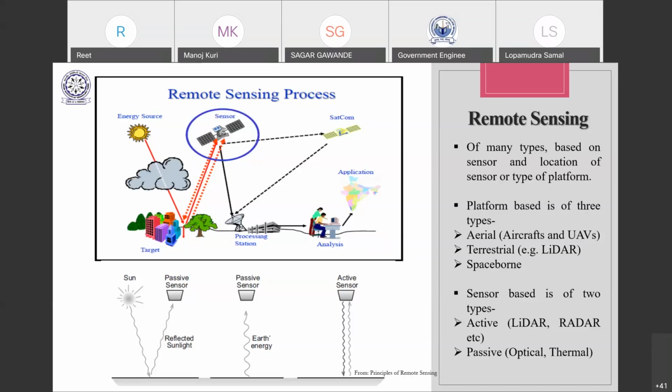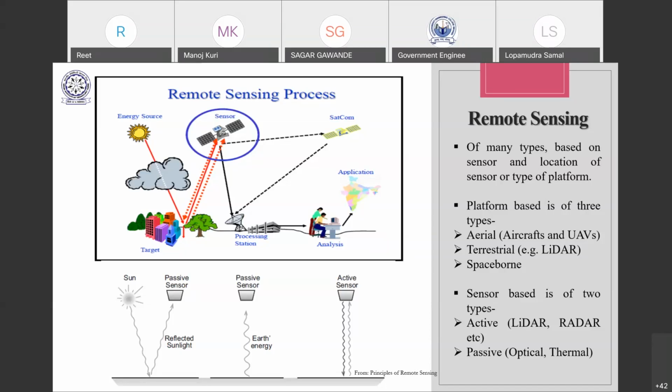The source of energy can be the sun, that we use for optical remote sensing, or it can be a part of the sensor also that we use for our microwave remote sensing. So based on that, we have two types of sensors, that is passive sensors and active sensors.